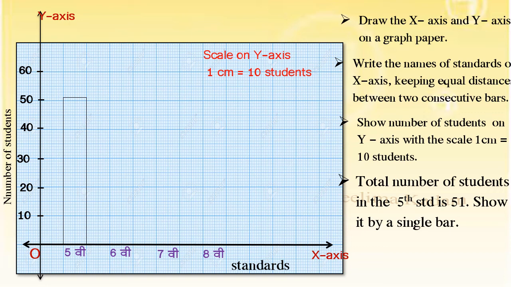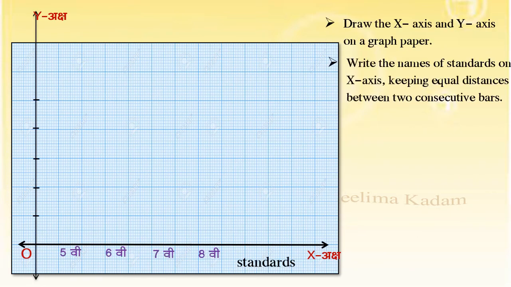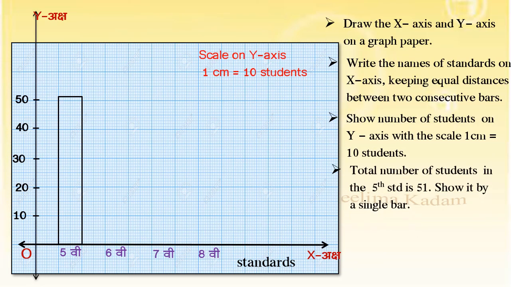Now total number of students in 5th standard is 51, but out of these, how many are boys? 34. So all up to this we have done, that is we are showing total number of students in the 5th standard with a single bar. Now in this column we are showing number of boys and girls, right?